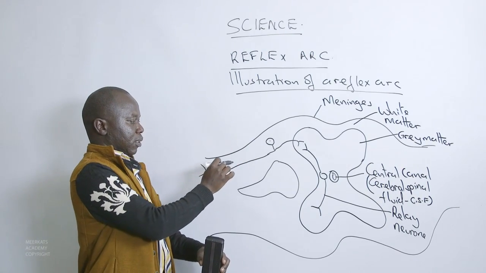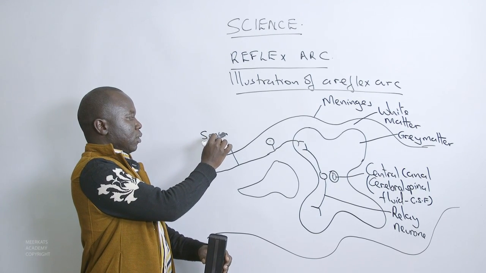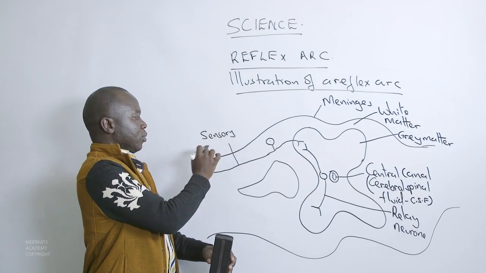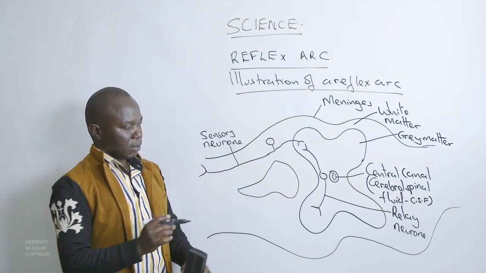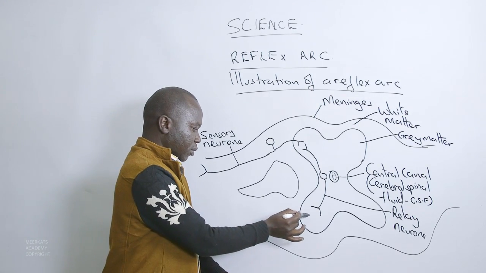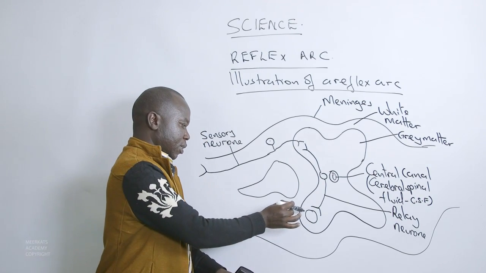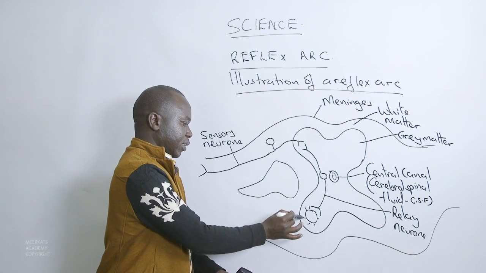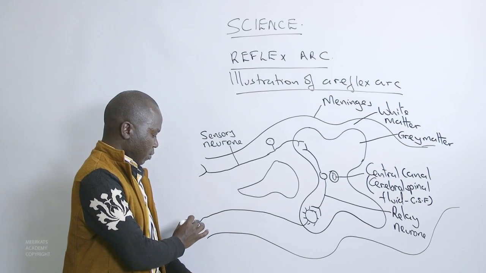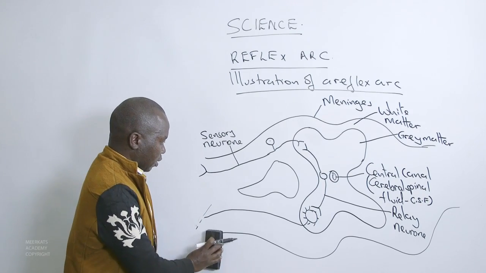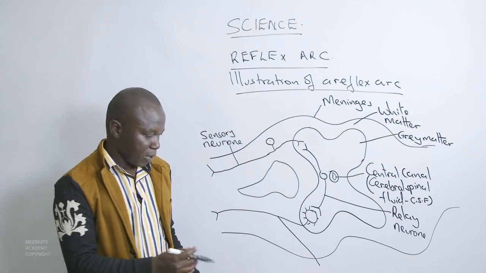This is the cell body. That neuron is called sensory neuron. We are remaining with one neuron whose cell body is found in the central nervous system, but the axon is found outside. That neuron is called motor neuron.